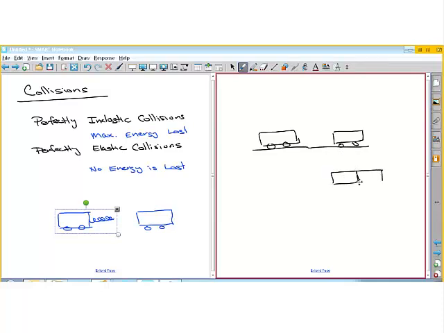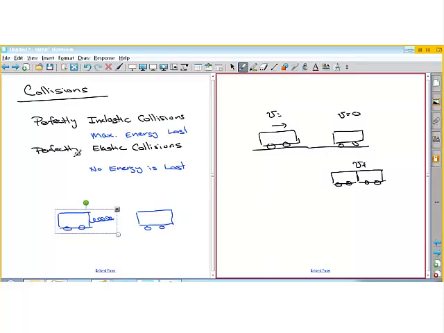So you can think of two cars that have a coupling mechanism. So this one has, let's assume, some initial velocity. Let's assume this is 0. When they hit, they'll both have the same final velocity.